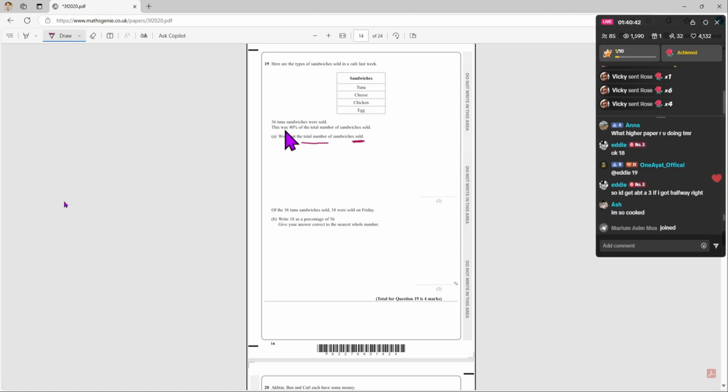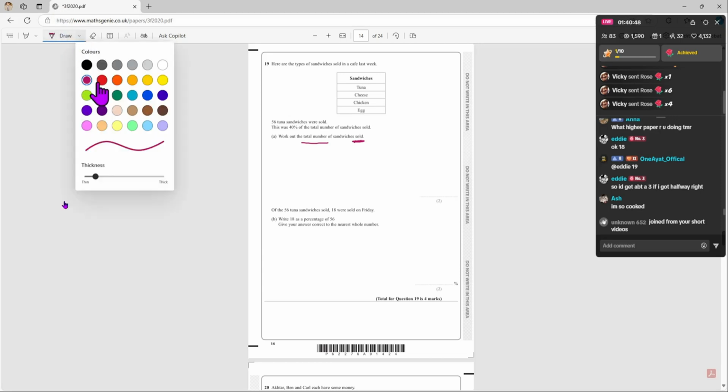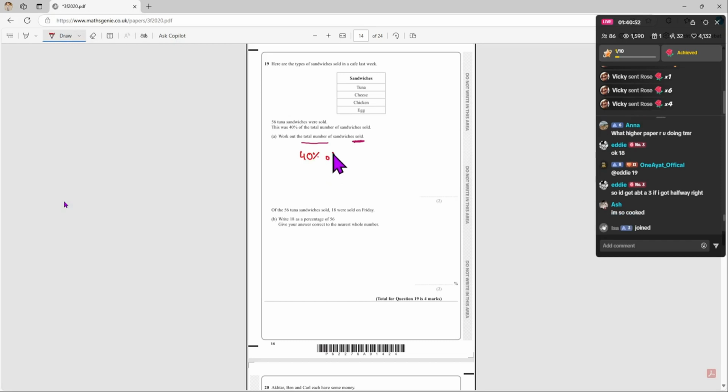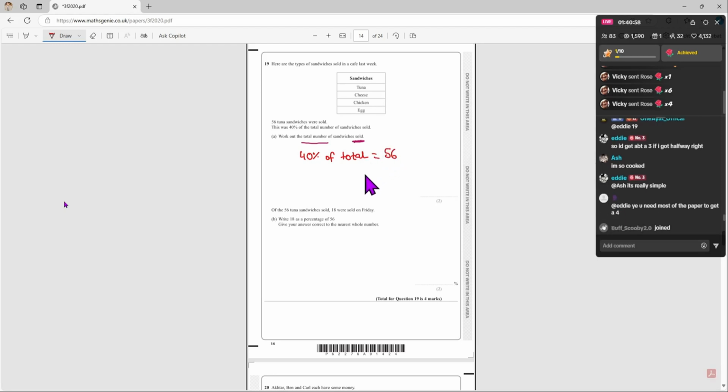So we know that 40% of the total is equal to 56. That is the equation you will use to start off.